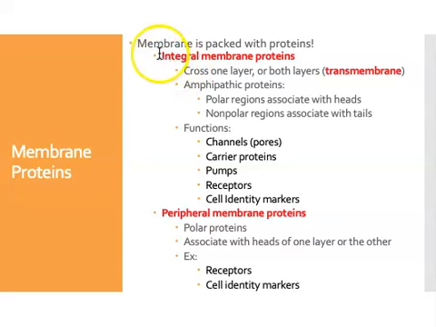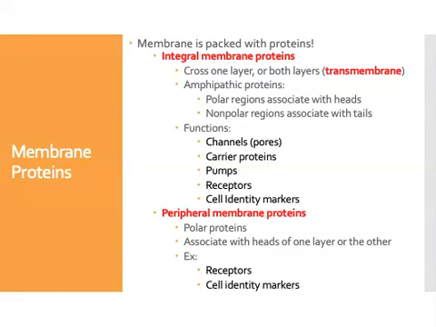Now, integral membrane proteins, like the name suggests, are integrated into the phospholipids. Some integral membrane proteins only cross one of the layers of phospholipids, and some cross both layers of the phospholipids. If an integral membrane protein crosses both layers, we call it a transmembrane protein.